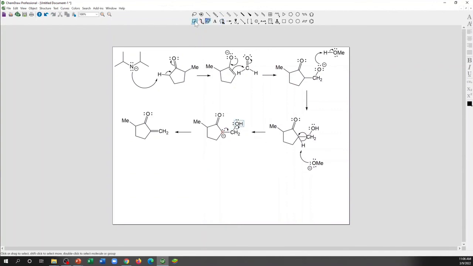So here's the full mechanism. This, again, would be a 2-pot reaction. In the first pot, we just add the LDA to the ketone to form the ketone enolate. And when we're done forming all of the ketone enolate, then we can add in the aldehyde as a separate step. This prevents the LDA from making two different types of enolates.